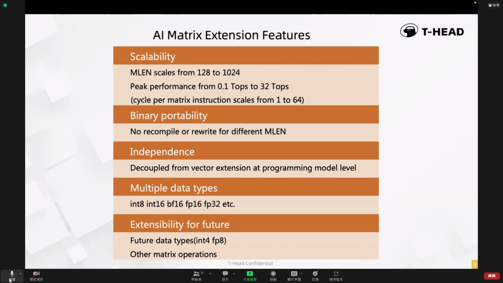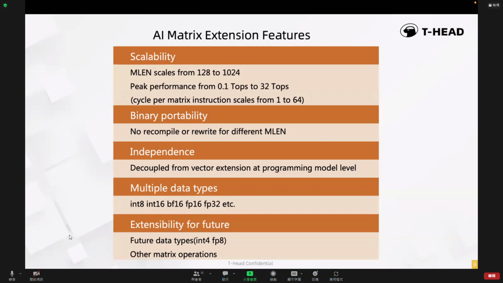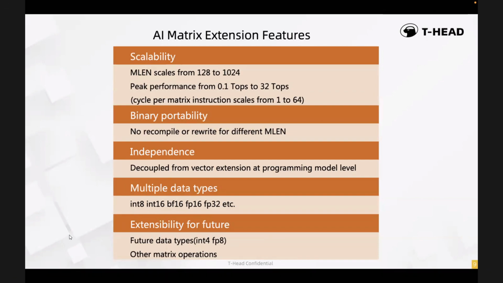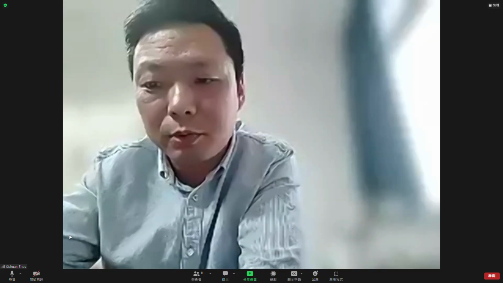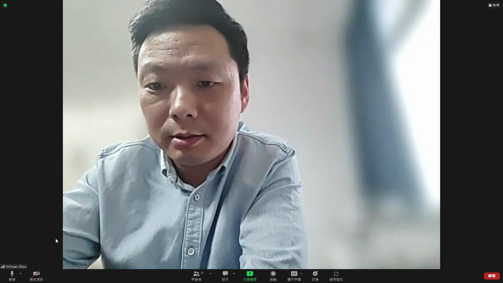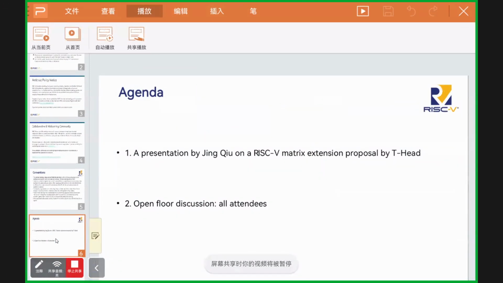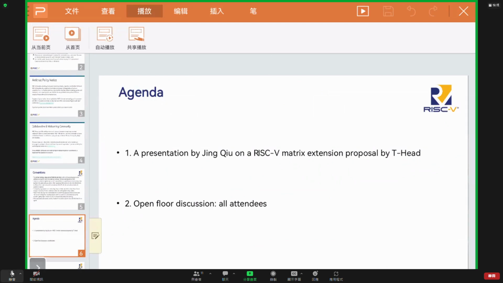Now, according to our agenda, it's time to have this open floor discussion. Qiujing, can you give the right to share the PowerPoint to me? And I'll go back to the main PowerPoint, and let's move to the next section. Okay. Hello. Hello.